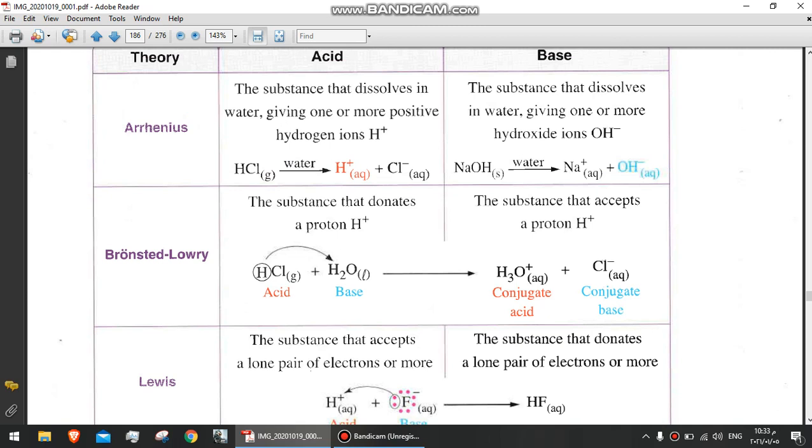A Lewis acid is a substance that accepts a lone pair or more, while a Lewis base is a substance that donates a lone pair of electrons or more.